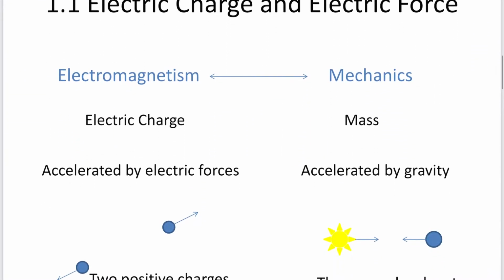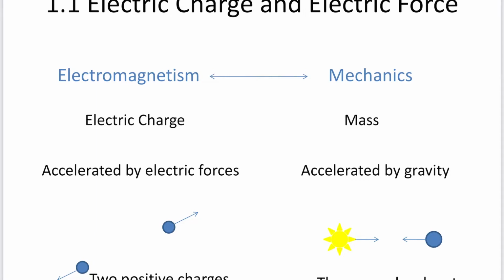Okay, first topic is electric charge and electric force. You can find many similarities between electromagnetism and mechanics. We have studied mechanics in the introductory course of physics. In mechanics, we consider the motion of an object with mass.